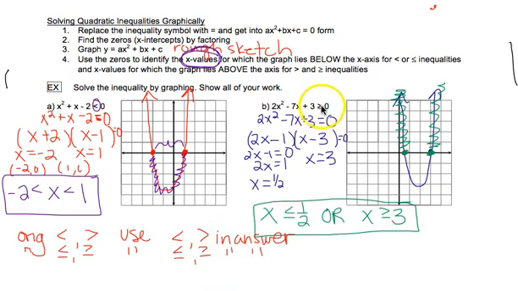So original had an equal sign, answers have an equal sign. Original did not have an equal sign, answers do not have an equal sign. So that's one thing that's always true that can help you.